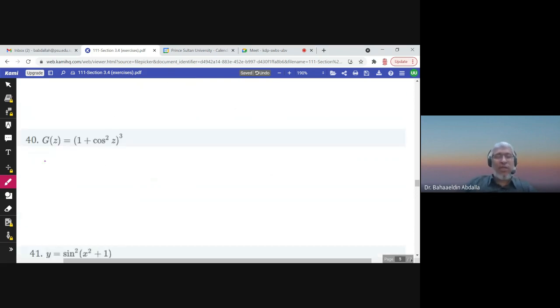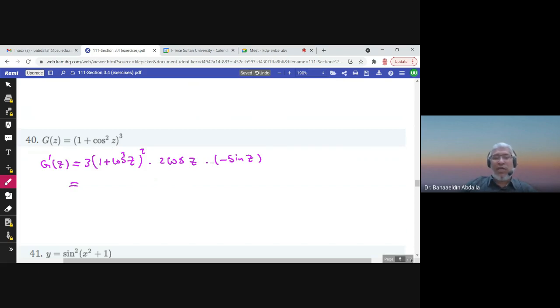Here, the derivative of g is 3 times 1 plus cosine square z to the power 2. This is the derivative of the outer function times the derivative of the inner function. The derivative of 1 is 0. The derivative of cosine square is 2 cosine to the power 1 of z times the derivative of cosine, which is negative sine z, because cosine square is cosine z to the power 2.